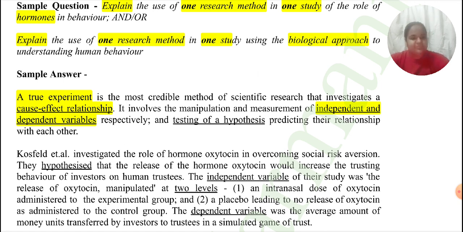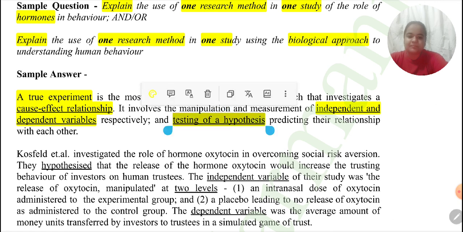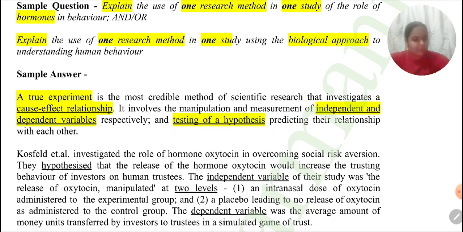So in the first 2-3 sentences, I have just made the research method I am going to discuss very prominent. Then, without wasting any time, I link the research method that I have outlined with the study that I am going to be discussing.